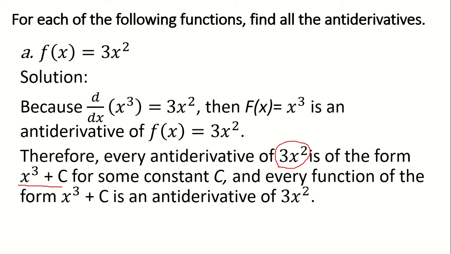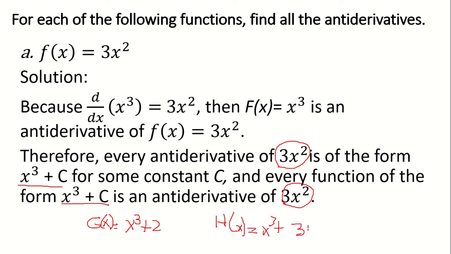And then, lahat ng function na x cubed plus c ay antiderivative ng 3x squared. Okay? So we have x cubed plus 2, for example, capital G of x is equal to x cubed plus 2. Capital H of x is equal to x cubed plus 35.